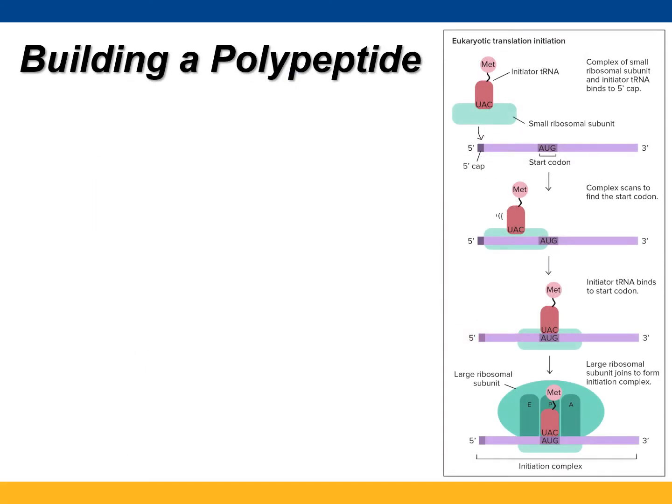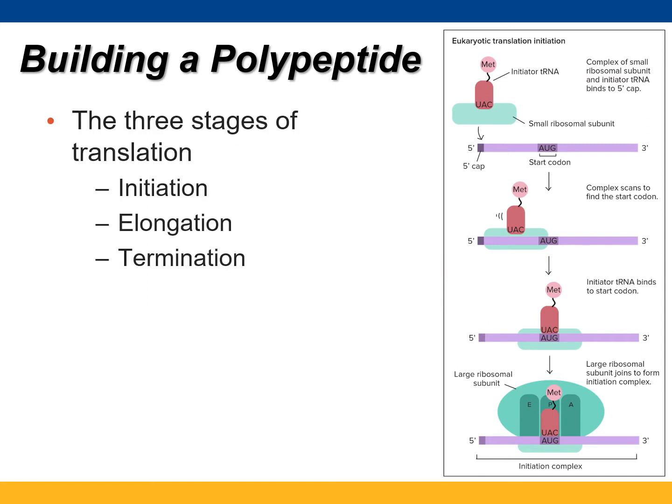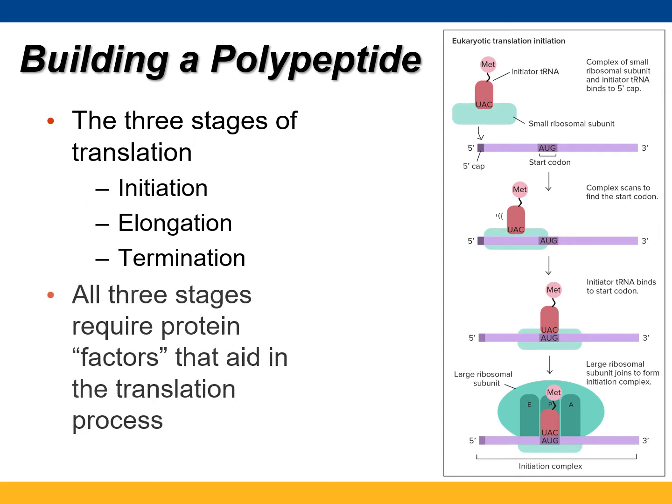And like RNA synthesis, like transcription, we're going to have a three-stage process here: initiation, elongation, and termination. So that's one thing that translation has in common with RNA synthesis. All three require other proteins, and we call these proteins factors sometimes.